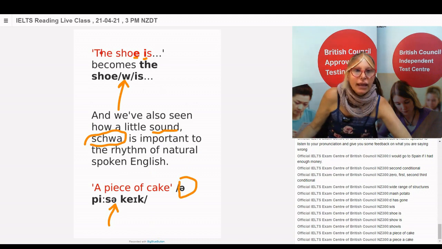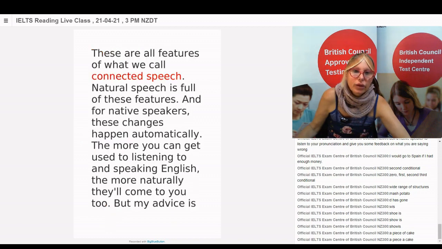And then we've looked at how sounds can be added so that it sounds more natural, such as the shoe is, with a w sound there. And then we looked very briefly at the little sound schwa, which is important because it is the most common sound in the English language.